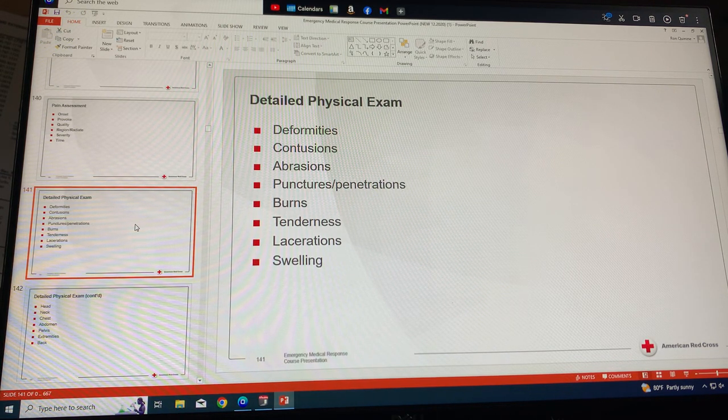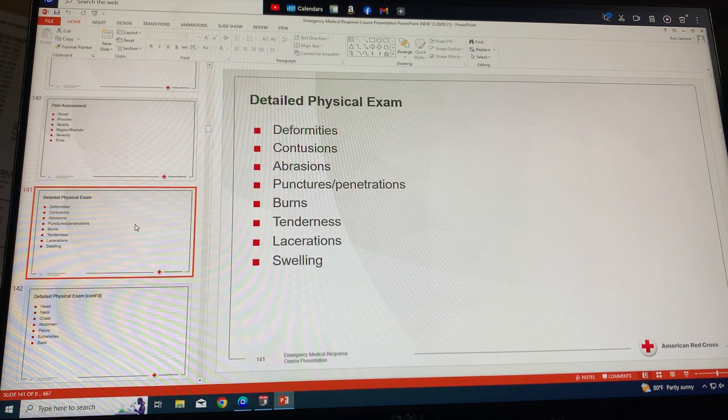During the detailed physical exam, the mnemonic DCAP-BTLS may help you remember the signs you are looking for as you conduct your head-to-toe assessment.